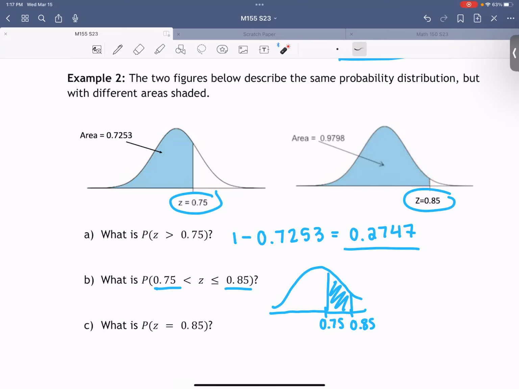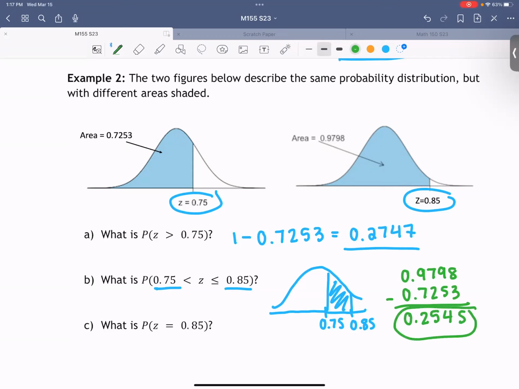So to find the area in between these two, take the big area, 0.9798, take the small area, 0.7253, and just subtract them from each other. You should get 0.2545, and that's your answer for part B.